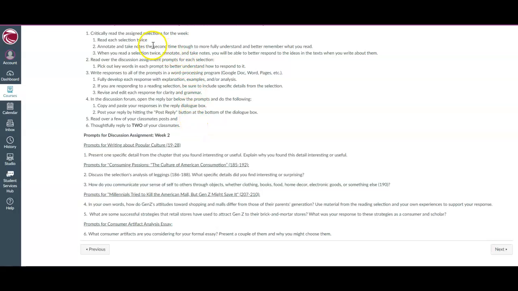Things like committing to a piece of reading twice, taking notes, annotating that second time through, and then writing: taking a look at the prompts that you will be addressing, responding to those prompts in some kind of word processing program, and once you're done with those responses, copy and pasting those responses into the discussion forum, which is the last page of our module. Down here I have the list of prompts for the discussion assignment as a way to just familiarize yourself with those questions as you're doing your reading.